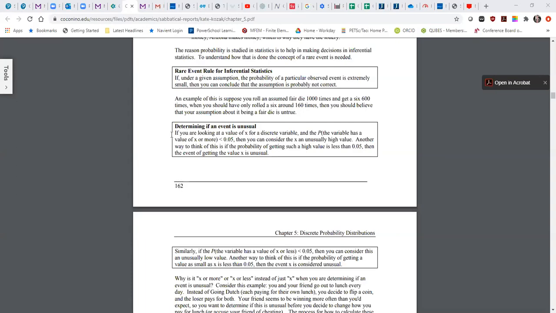If you are looking at a value of x for a discrete variable, and the probability of the variable having a value of x or more is less than 0.05, then you can consider x an unusual high value.